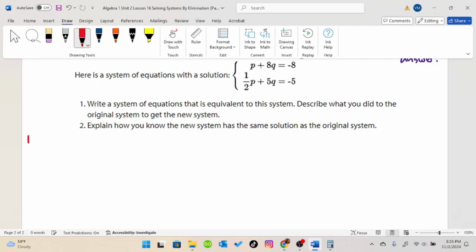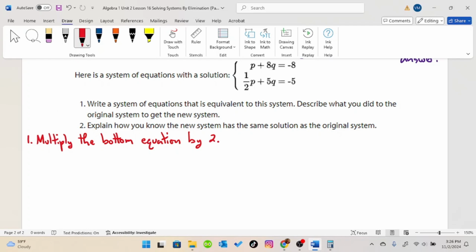So for number 1, multiply the bottom equation by 2.